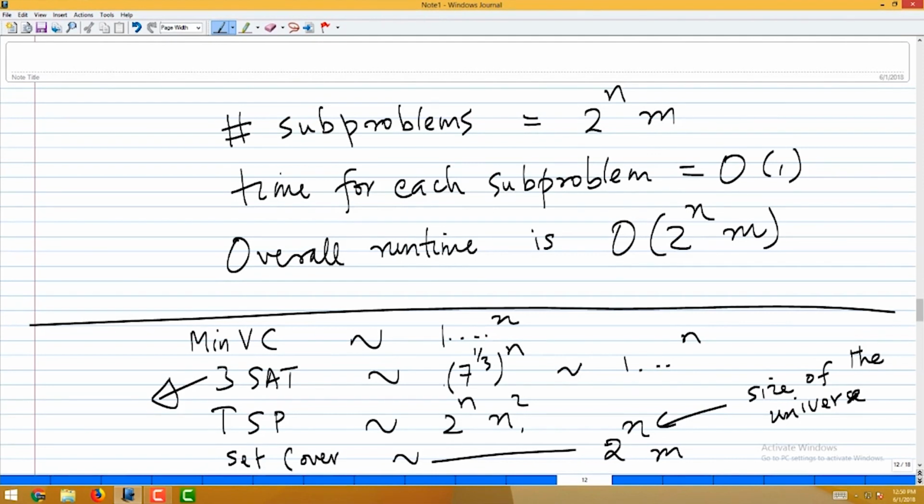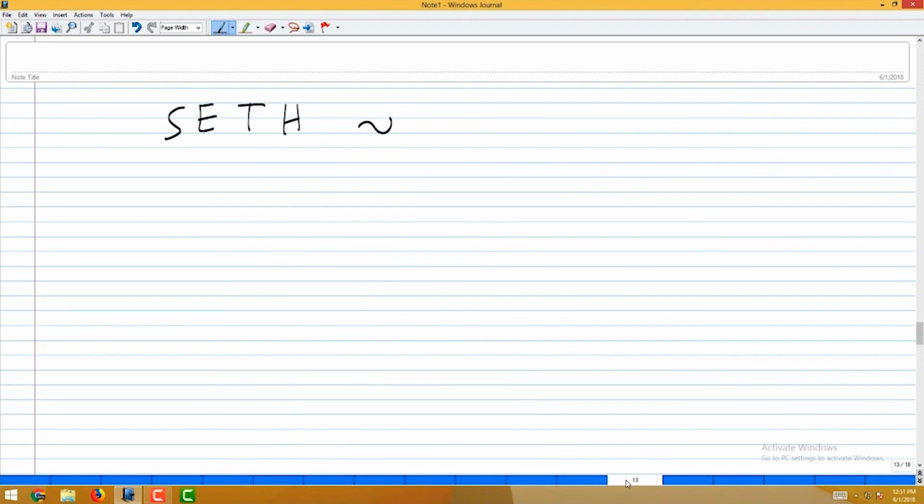This is all fine if the number of variables in the clause is a constant, but if you do not have any bound on the number of variables, this is general SAT, which is also NP complete, then the conjecture is that a (2 minus epsilon) power n algorithm for SAT is not possible.